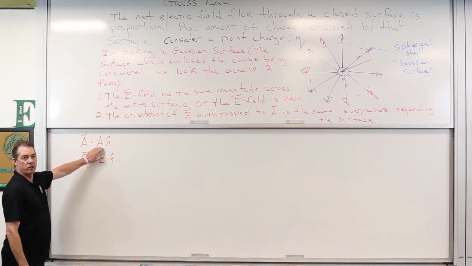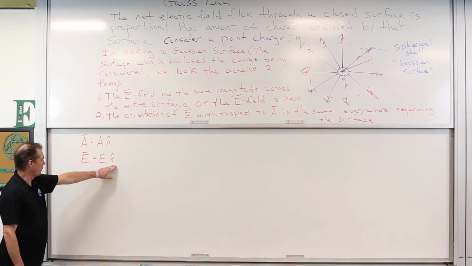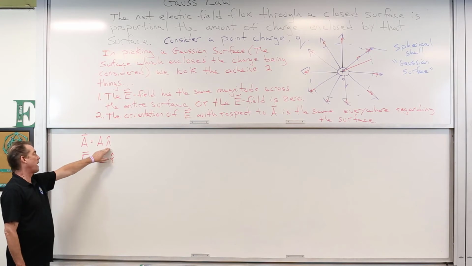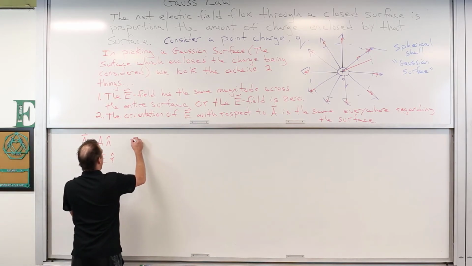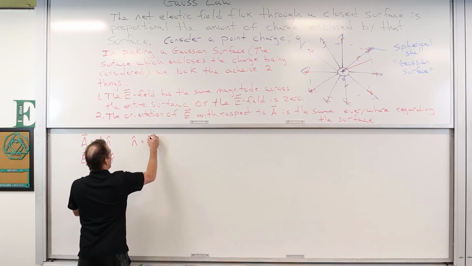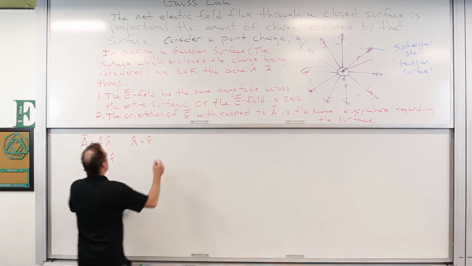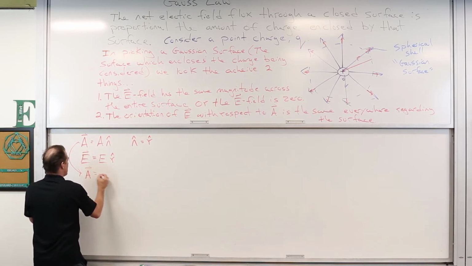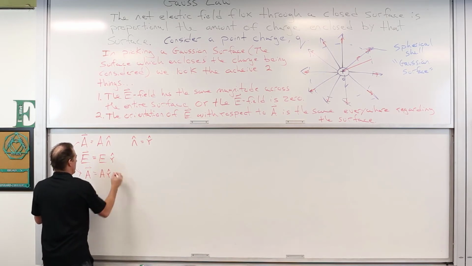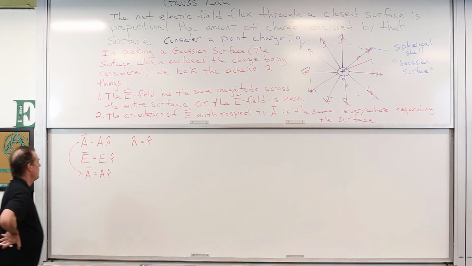We have the area of the surface under consideration. We have the magnitude of the electric field. The electric field's radially outward, and this normal vector actually is radially outward as well. So n hat here is equal to R hat. They're in the same direction. So what do we have with this? Well, we can rewrite this. A hat is being equal to A R hat. Fantastic.